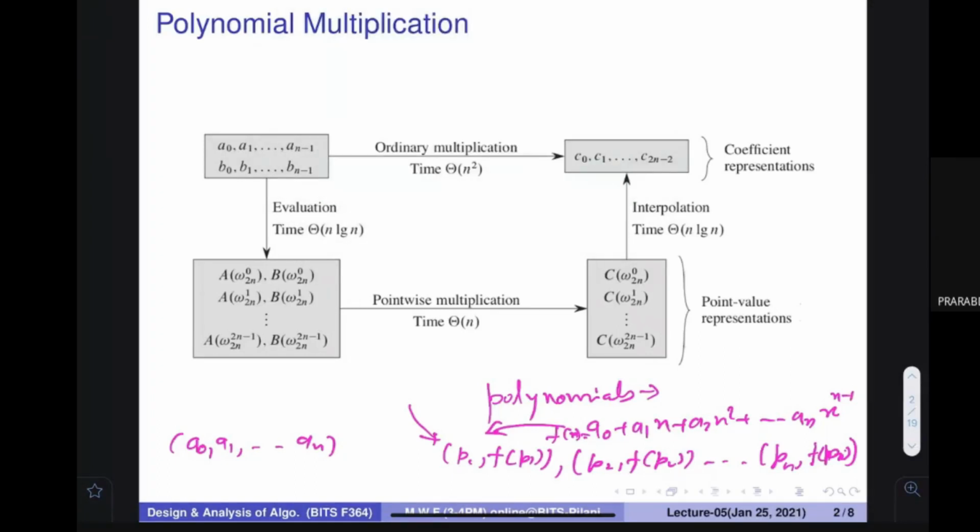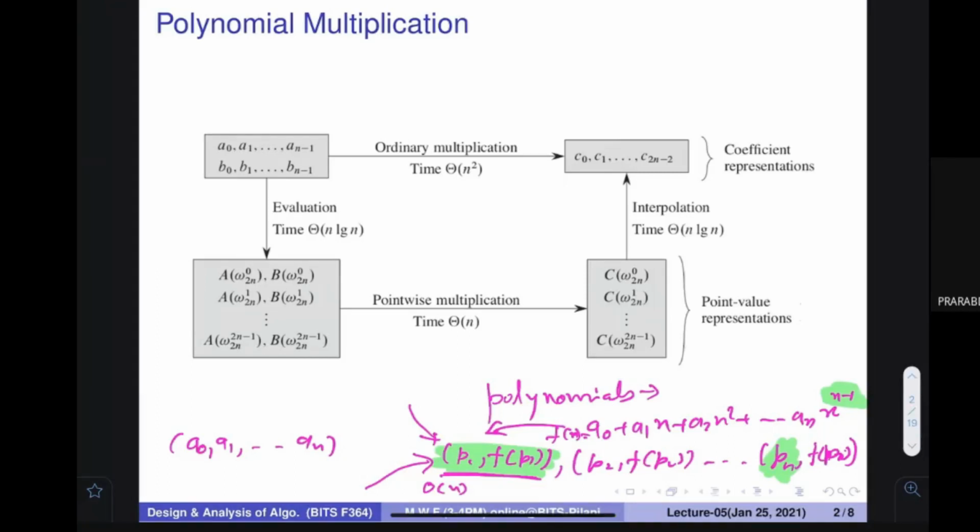We have also seen in the last class how to find this. To evaluate even a single point, you have to invest order of n time with a specialized method. Otherwise, it may take order of n square also.